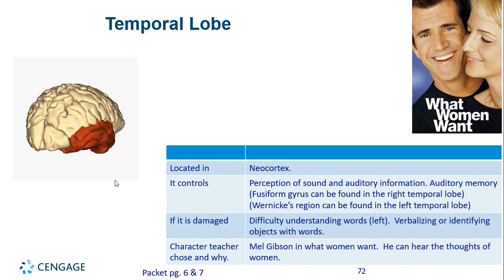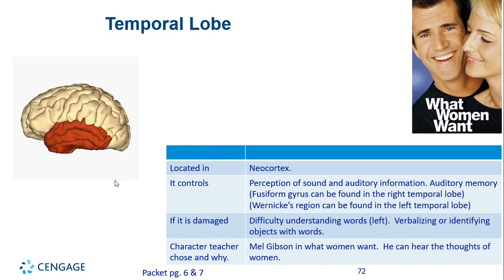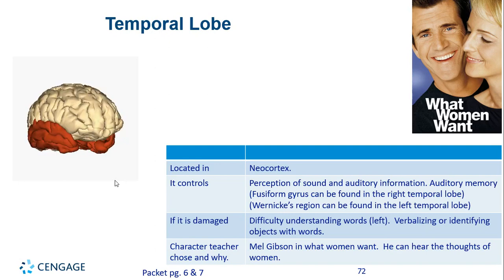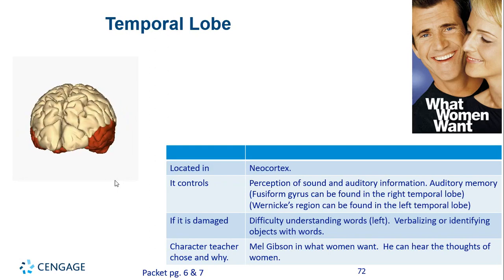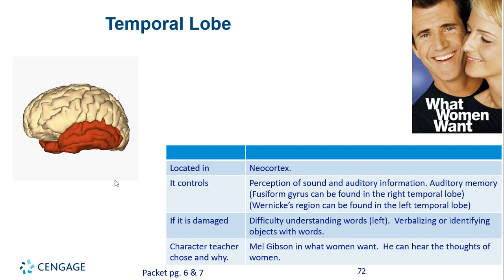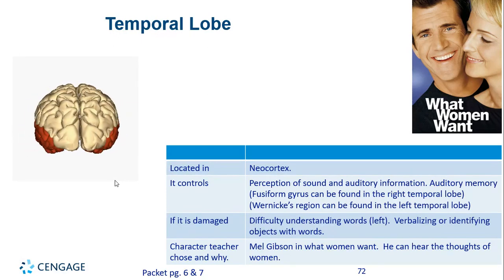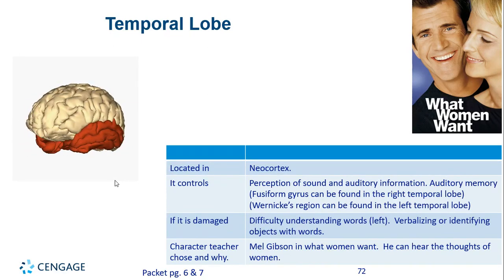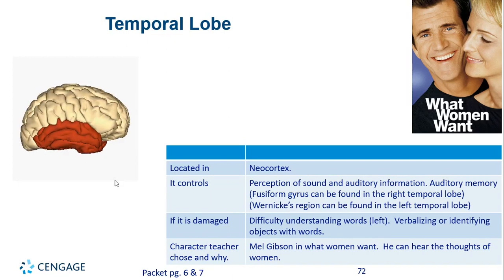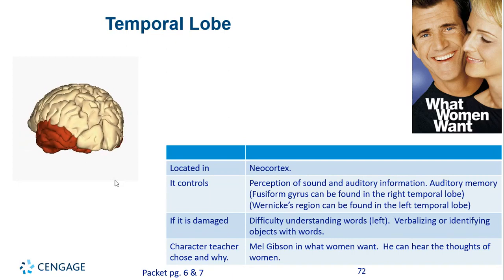If you were to damage your temporal lobes, obviously you would have a problem understanding words, verbalizing or identifying objects with words. The character I chose here is Mel Gibson in the movie What Women Want. I think there's a new movie called What Men Want.